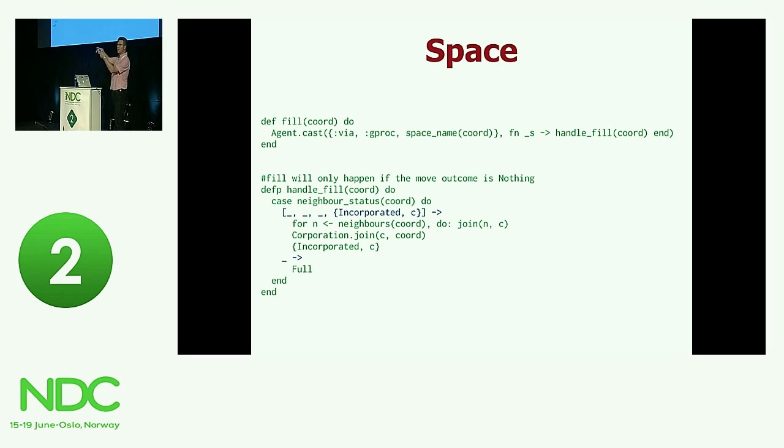So they are sucked up into the corporation, and then you tell the corporation that this cell, this space, is joining this corporation. And then the new state after that will be that you're incorporated, and in all other cases, the neighbor status would have been either all empties or some that are filled, and then after this it'll be full. So that's all good, and that's when you're filling it. So that's a simple case there.